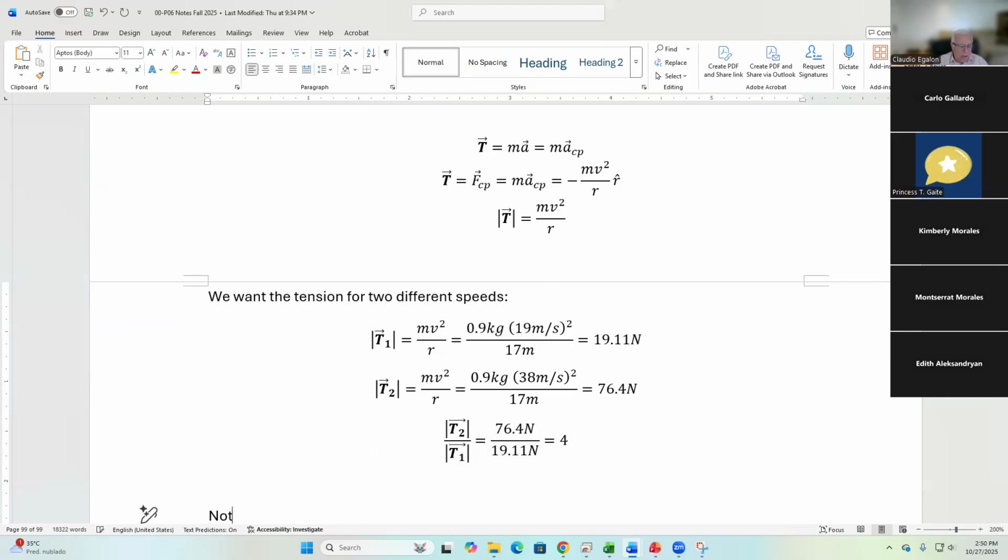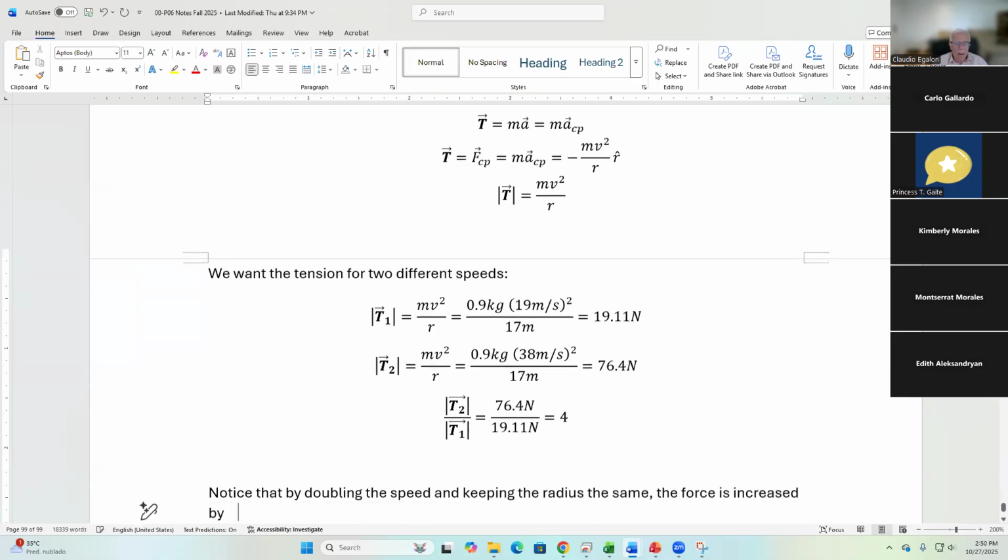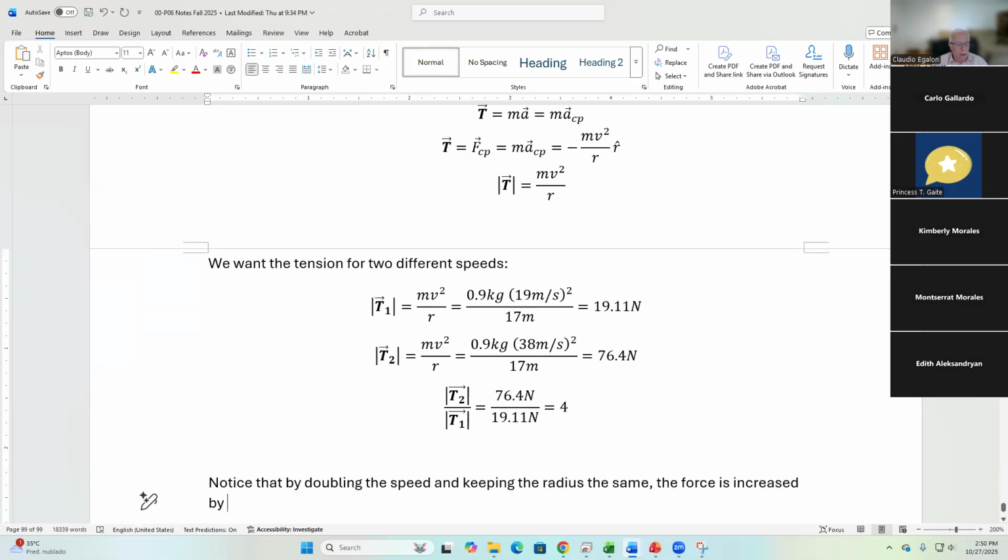Okay. Note that by doubling the speed and keeping the radius the same, the force is increased fourfold, not twice.